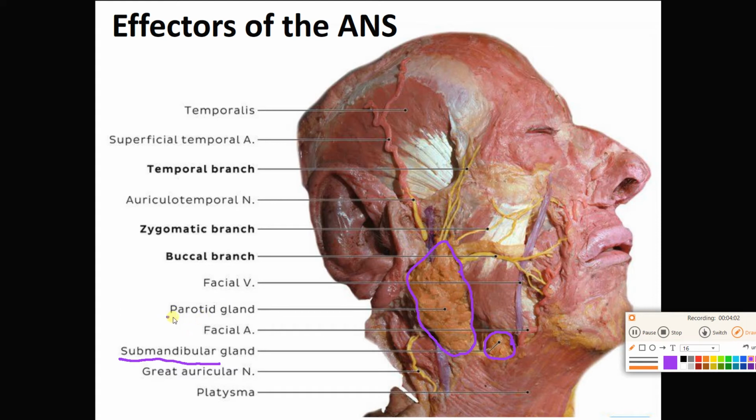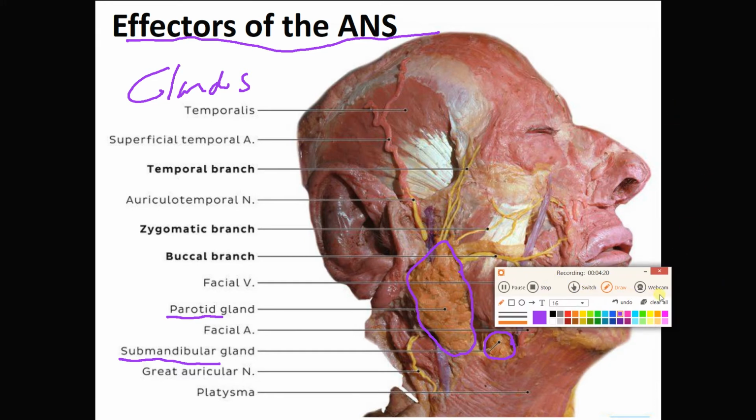Those are two salivary glands we met earlier. So glands are another effector of the ANS. And of course, glands are also involuntary. You can't control how much saliva or pancreatic juice you are going to make. So those are our three effectors.